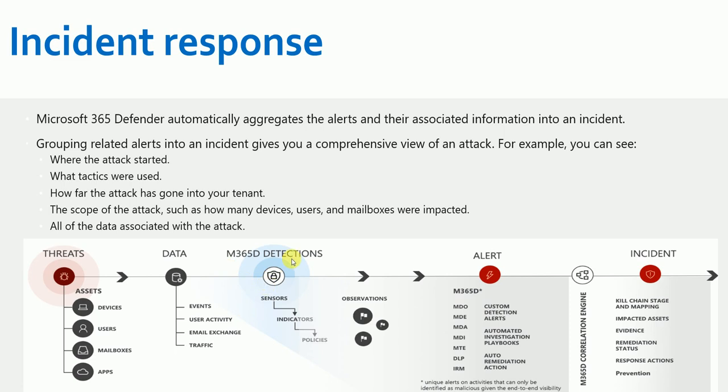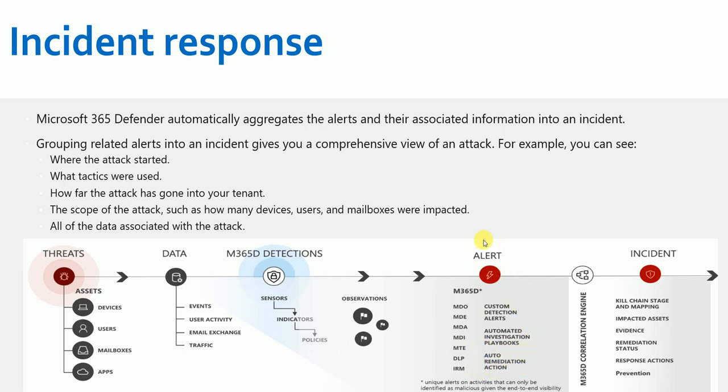And now here is the Microsoft 365 Defender detection. How does it detect? It detects with the sensor, then indicators, and then the policy applied on that. So then this M365 Defender will observe it, and it will categorize it in alerts, like an alert, custom detection rule, or the AIR, automated investigation playbook, or the auto remediation action.